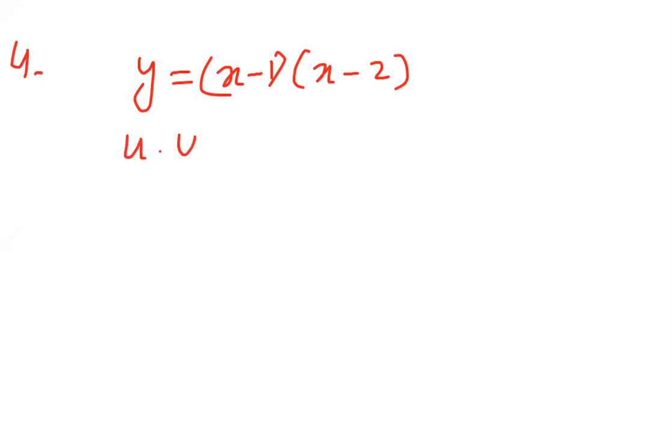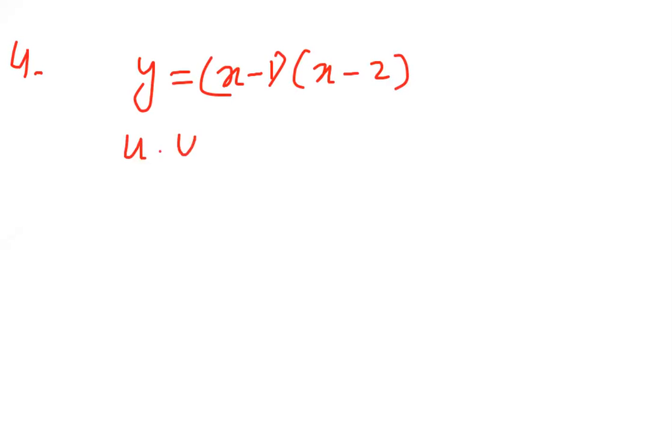Fourth question, two parts I'll do. Two parts I'm taking, one as second. y is equal to x minus 1 into x minus 2. See, we are finding two functions are in multiply. That is u into v.